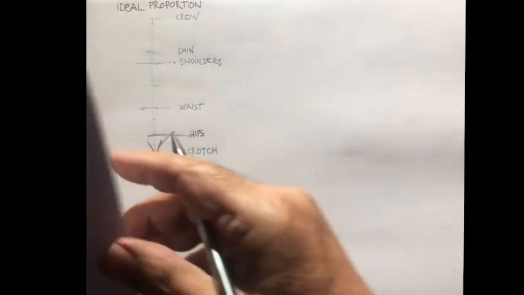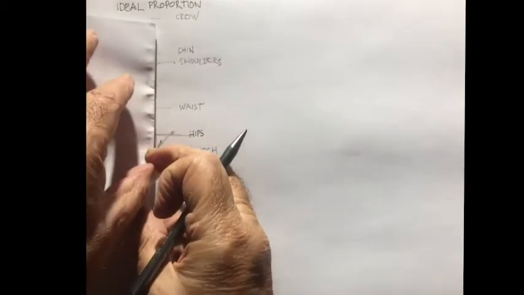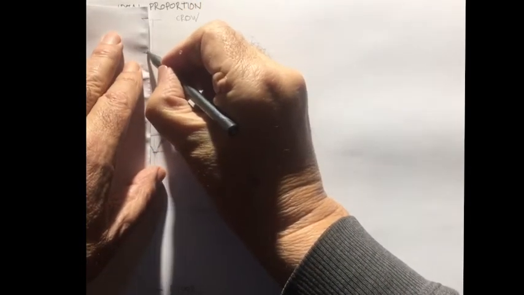The next thing is to start drawing in the actual details. What I'm going to do now, right or wrong? Come on. Oh, that's not so good. I'm going to take my head measurement like that. That's my head measurement.